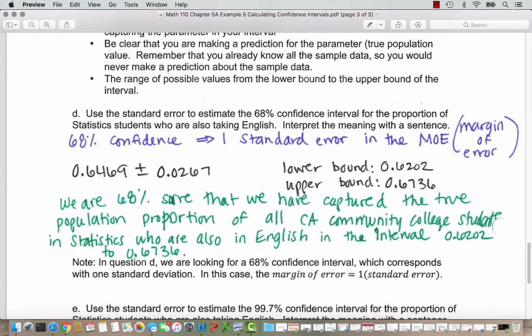So here I explained that I was 68% sure. I could say I'm 68% confident, or I used a method that works 68% of the time. I'm saying that I think we've captured that true population value for all the California community college students, and then I've given my range in decimal form.